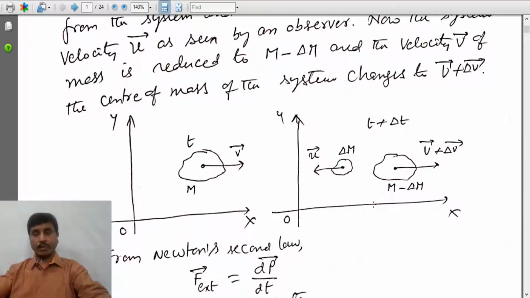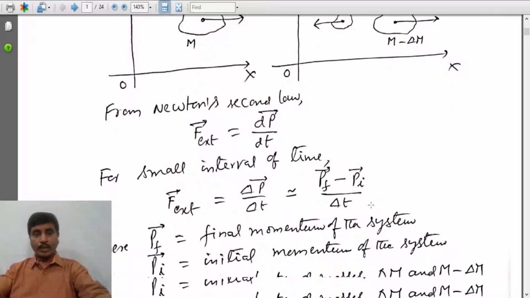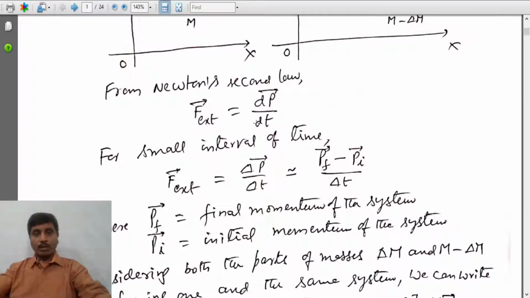The system mass is reduced to m minus delta m and its velocity changes to v bar plus delta v bar. From Newton's second law, the force acting on the system F bar external is equal to rate of change of momentum, that is dp bar by dt.